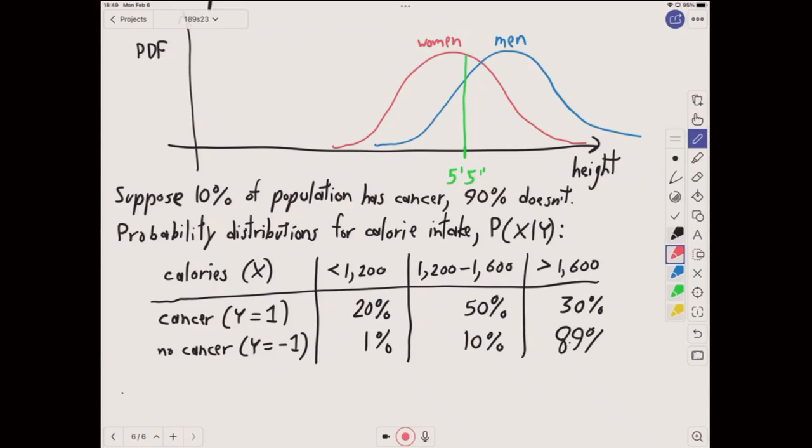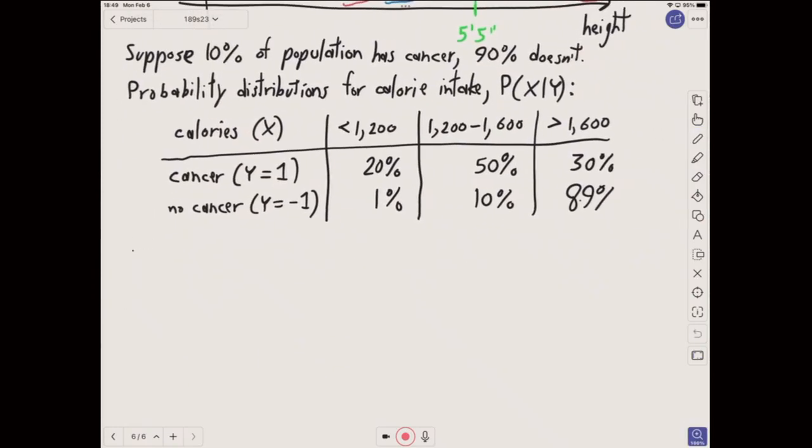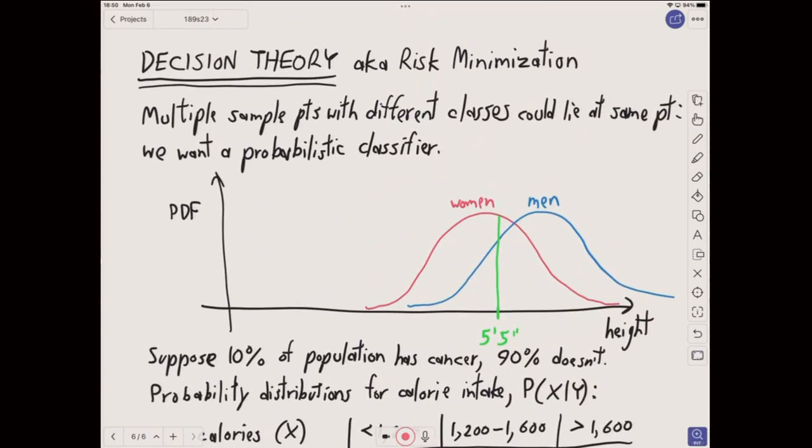Now, what is happening? Okay, now my pad is acting very weird. Sorry about this.